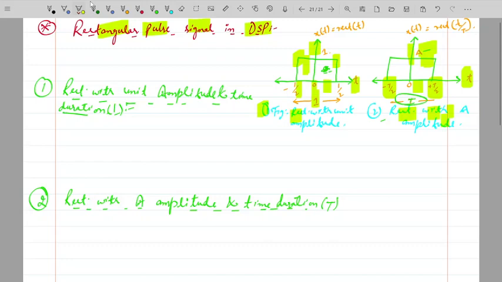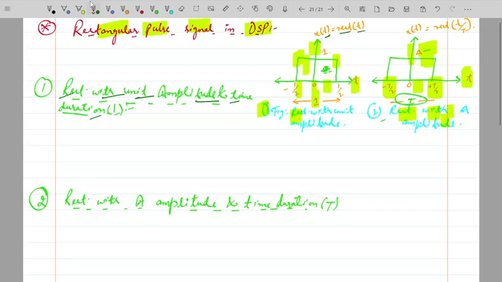We will discuss both cases in the sections below. First, the rectangle with unit amplitude and unit time duration. Here x of t is the signal, and we represent the rectangular pulse signal with rect, R-E-C-T, rect of t.